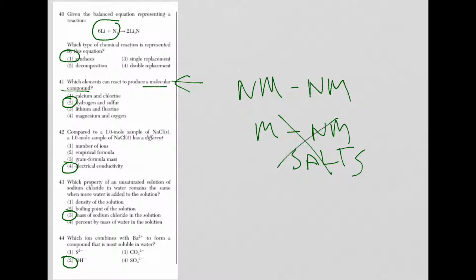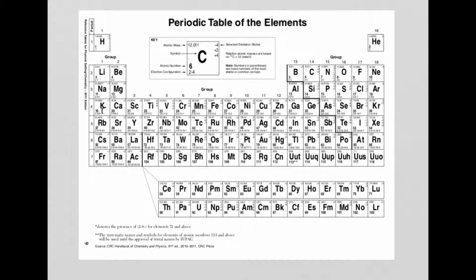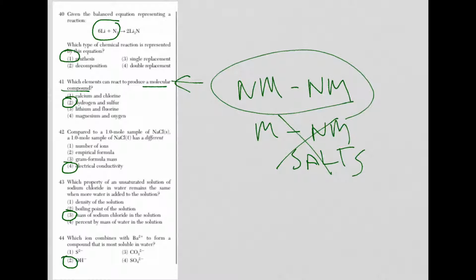That's not going to be the possibility here, so we're looking for nonmetal. You can go to the periodic table and find the elements and see where they are. Calcium is on the left-hand side, for example. Chlorine is on the right-hand side. They're going to form an ionic compound. Metals lose, nonmetals gain. If we go back, hydrogen and sulfur.